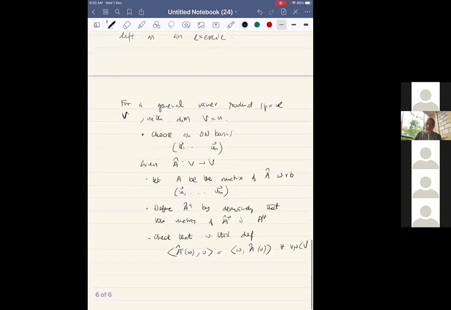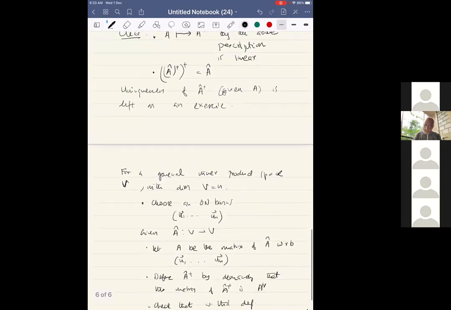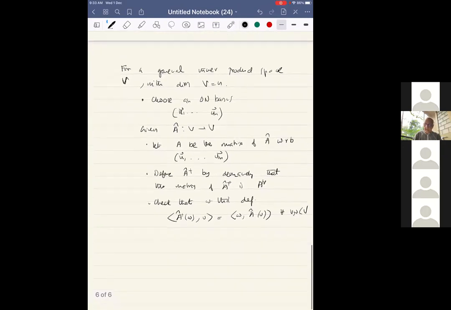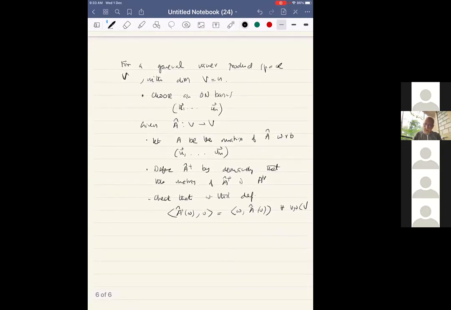So this also I leave for you to check. So what is written in the second line? Define A hat dagger by demanding that the matrix of A hat dagger is A transpose. Okay, thanks.